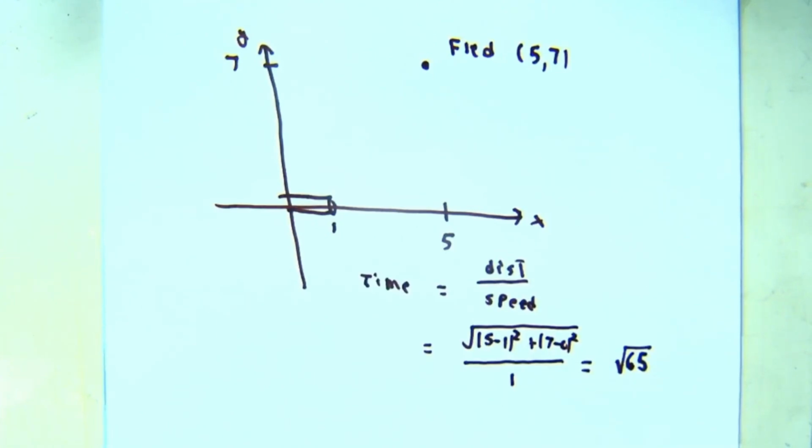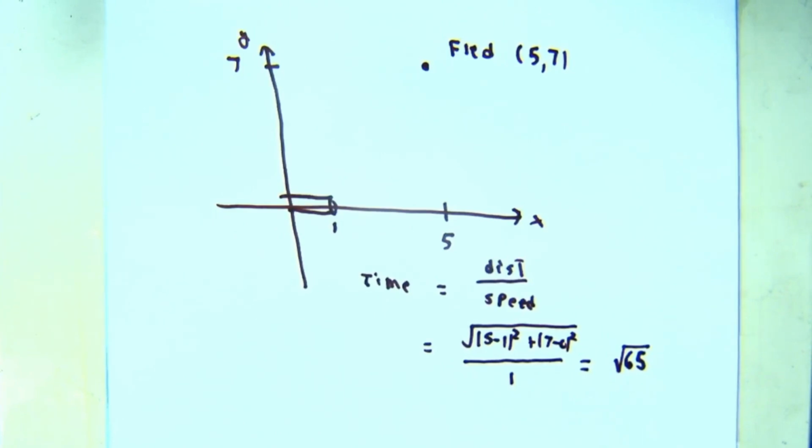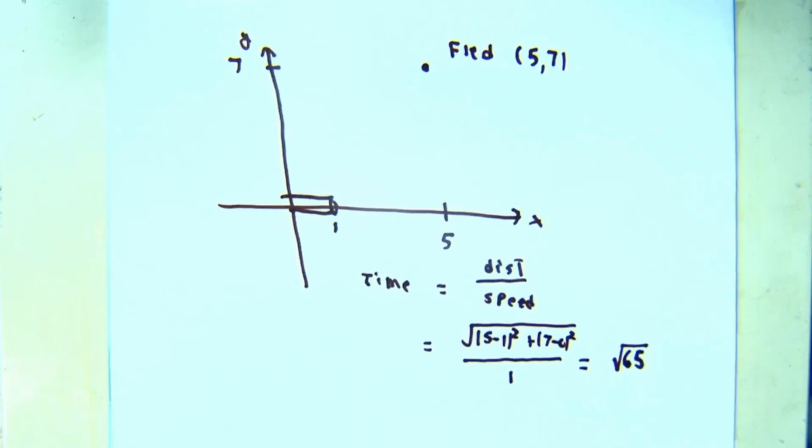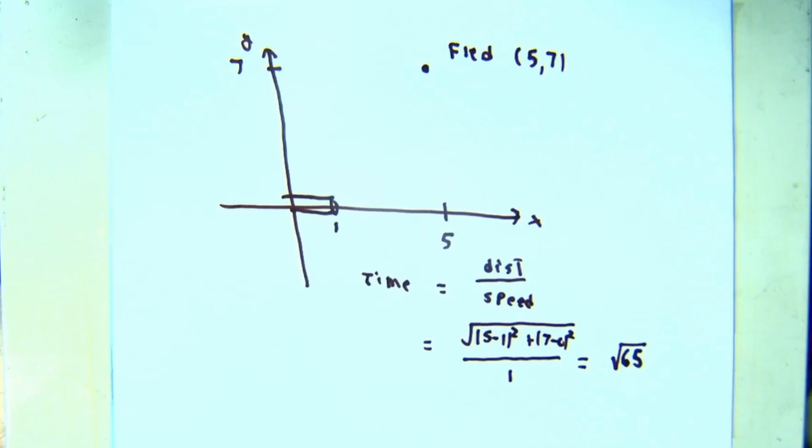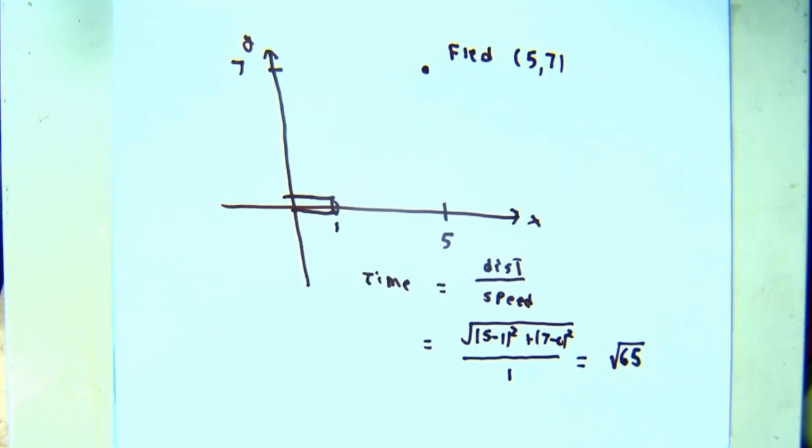Since we're in a Euclidean plane, I can use the usual distance formula, which you remember comes from the Pythagorean theorem, which is valid within a flat plane, to calculate the distance. Divide that by the speed, which in this case is 1.